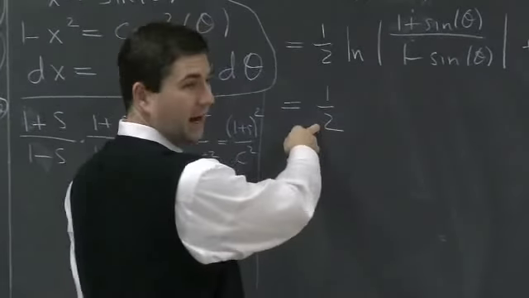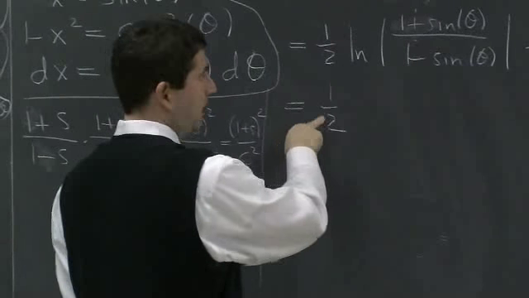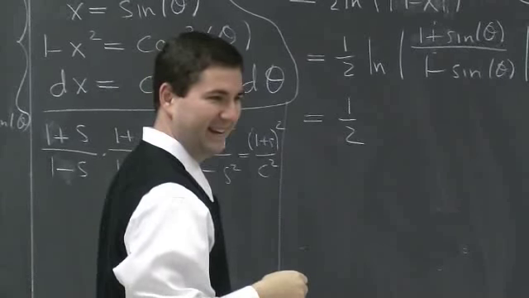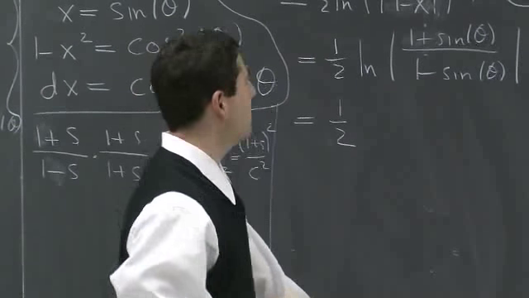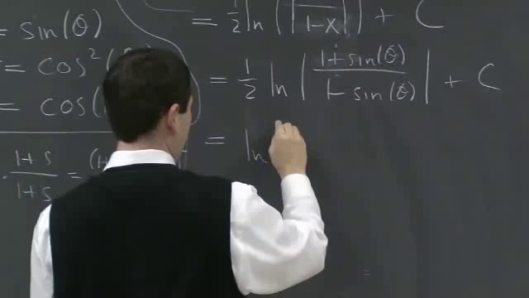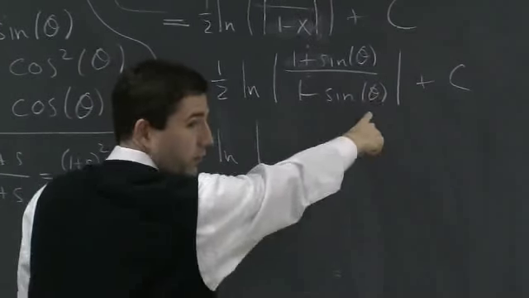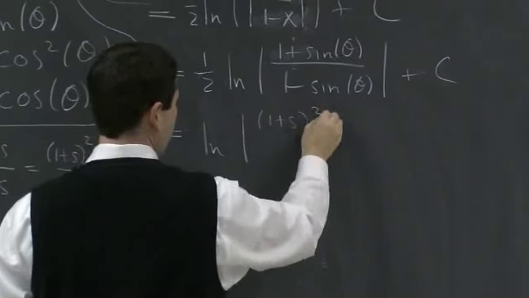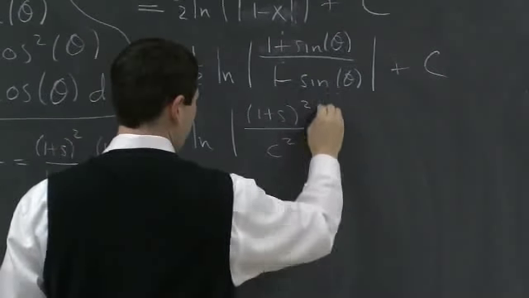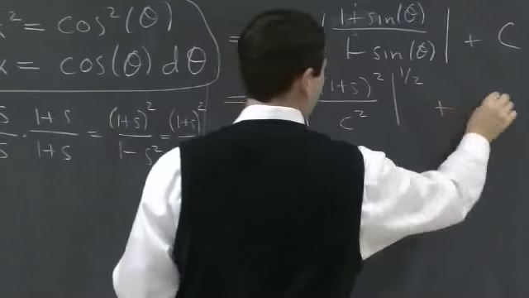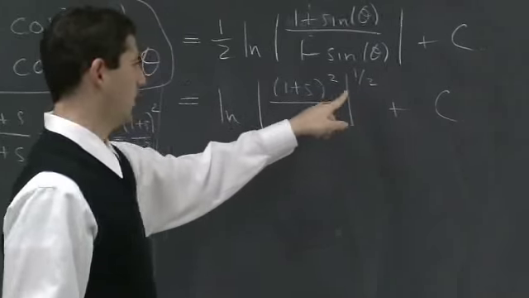Well, you see this half that I have out front? I could throw that back inside again. Yeah? Now, if I throw it back inside, what's going to happen? Well, let's see. 1 plus sine theta over 1 minus sine theta becomes 1 plus sine squared over cosine squared. And now I take this half and I put it back up top. What is that half going to do in here?